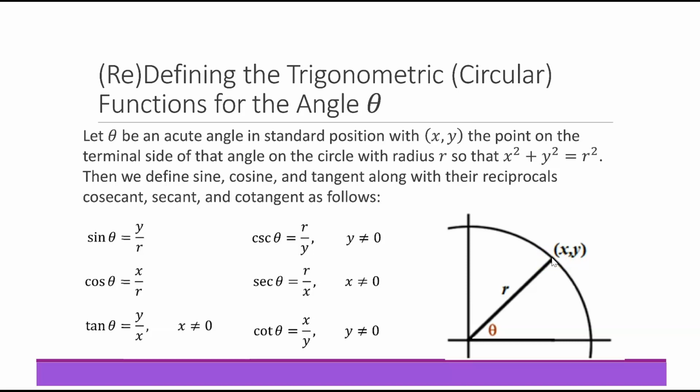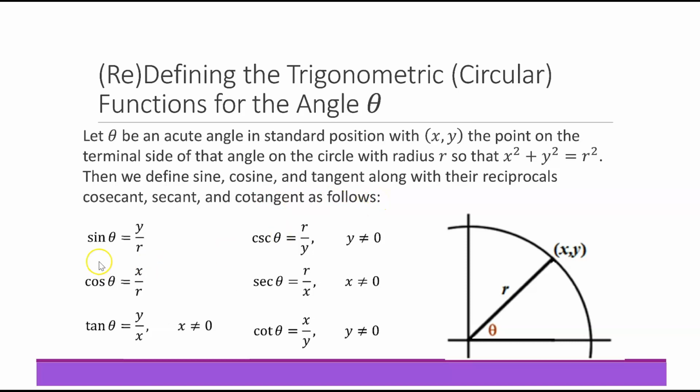And so by definition, the equation of a circle is x squared plus y squared equals the radius squared, and we've called the radius r. We are going to define sine, cosine, and tangent along with their reciprocals, cosecant, secant, and cotangent as follows.